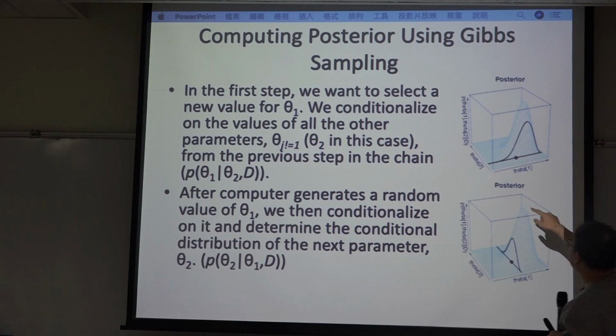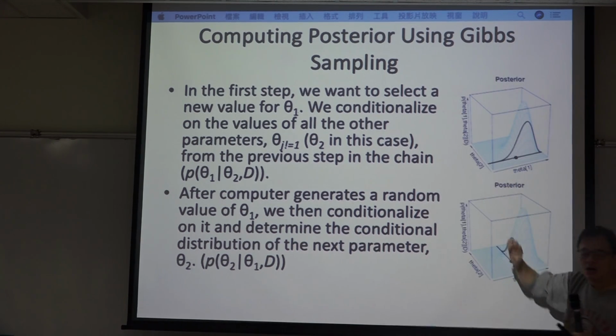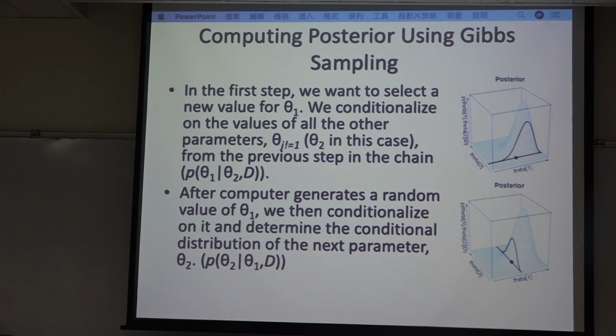You get this curve. This is what I just described, the conditional probability distribution. And then you just sample directly from this conditional probability distribution to get a new theta 1 value.